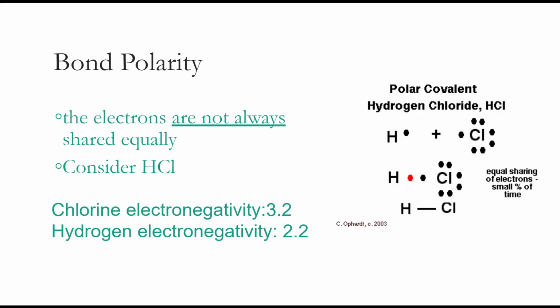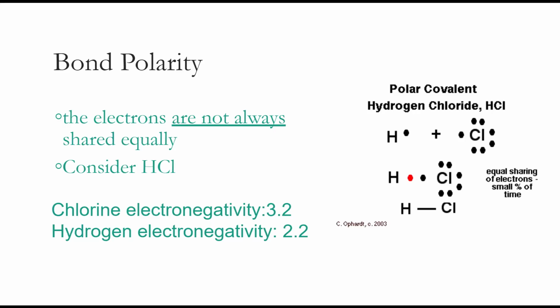When we talk about bond polarity, what we're saying is that electrons actually aren't always equally shared. That means that one atom, although it is not strong enough to fully pull the electrons off of another atom, tends to pull the electrons towards itself a bit.